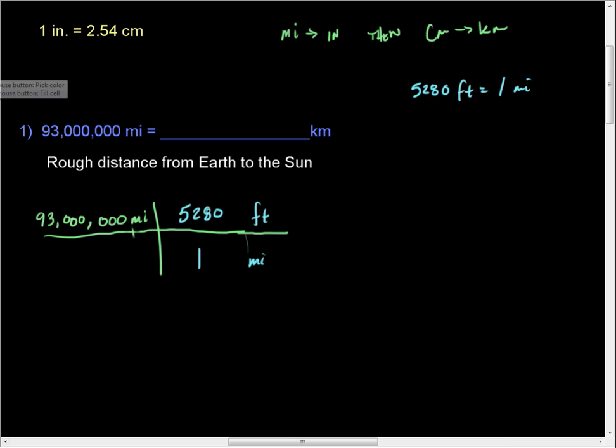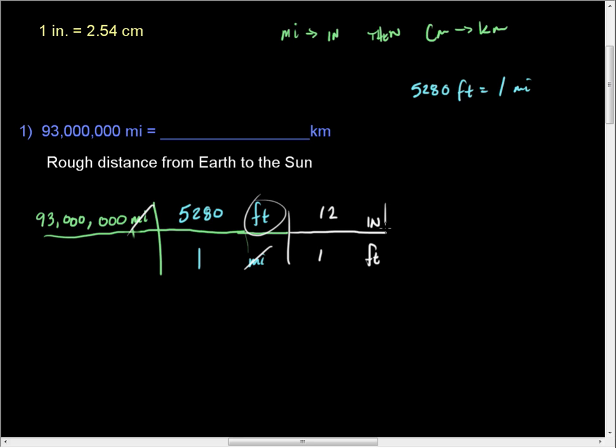And so now I'm going to continue with that. Miles cancel. I'm in feet, and now I want to go to inches, because that's when I can make my conversion. So I want to take feet into inches. That's going to be 1 foot is 12 inches.